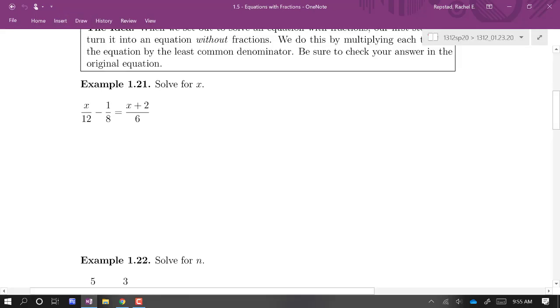Now, when you have numeric denominators, any common multiple will do. When you have algebraic denominators, still you could use any common multiple, but that has a way of making the resulting equation substantially more difficult to solve if you don't use the least common denominator. So we'll multiply everything by 24.